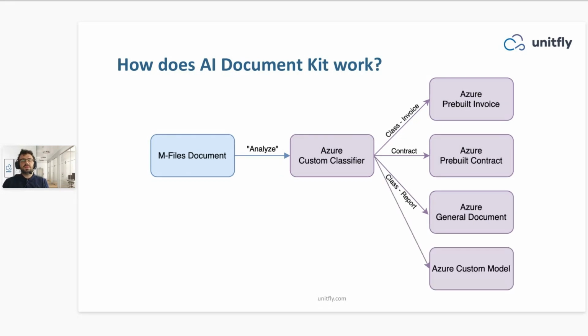And then what we can do, tailored to your case, is set up an Azure custom model, which will extract the information in the way that you might want, tailored for your organization and for your case purposes. Sometimes the custom model might work better for your case. So there is a way that we can create and connect to custom models and extract the necessary data.